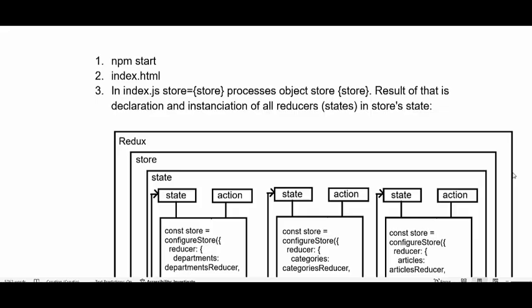Store before the equals sign is props, and we see it in the Provider React element in index. Okay, the store object processes the object store. The result of that is declaration and instantiation of all reducers in all states, in the store's state.